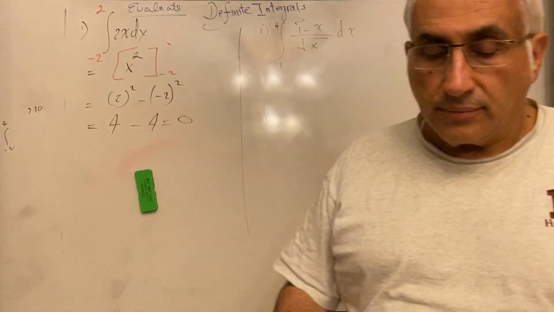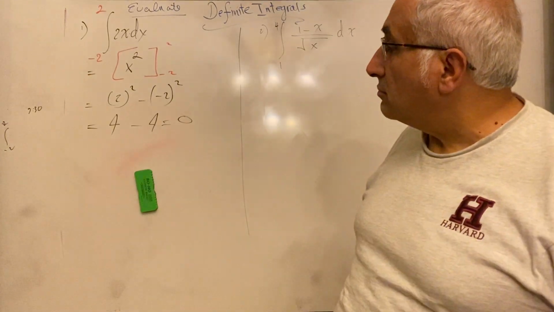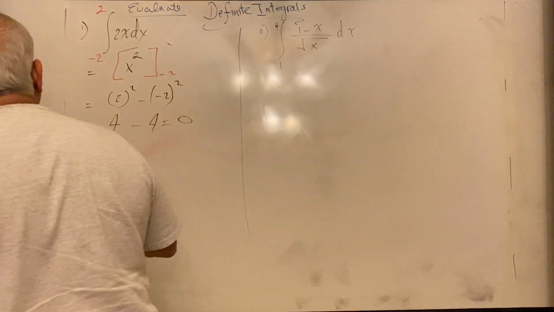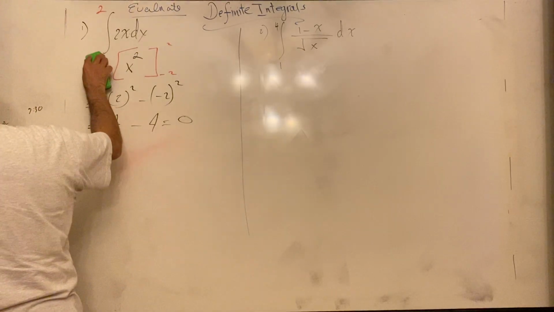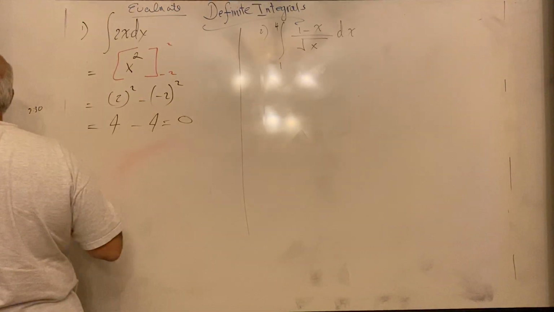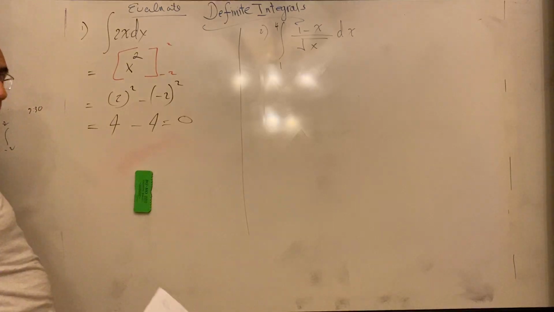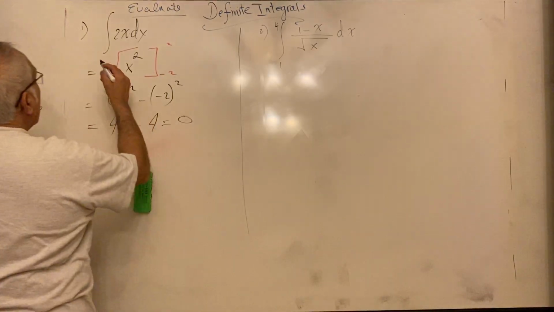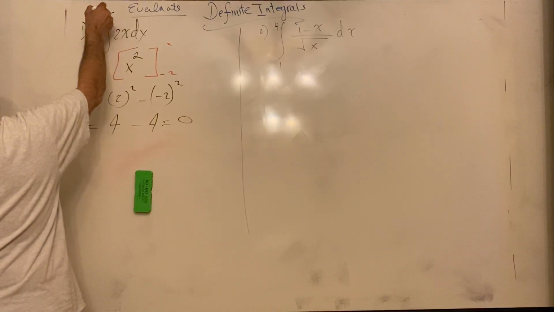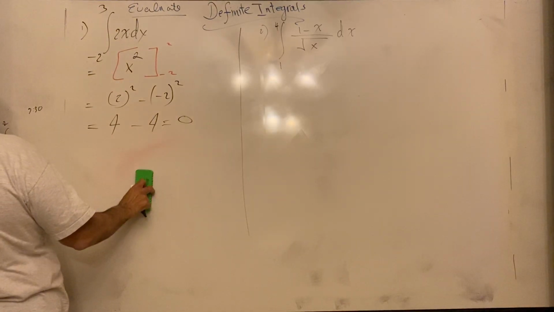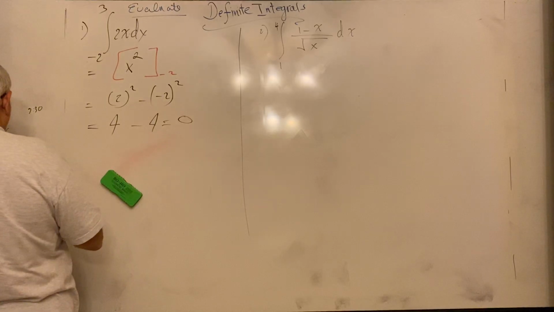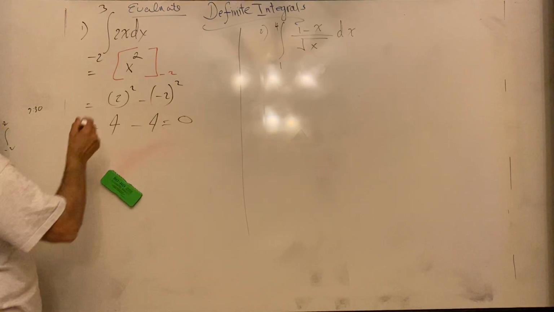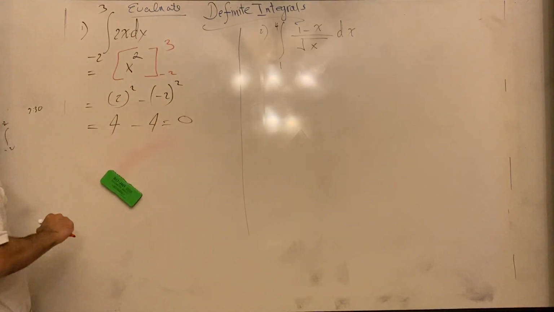All right? How about if I change the limits of this one, okay? And let's say if it goes from negative 2 to 3, just for a change. So if I put this from negative 2 to 3, I change the limits, then I have to change the limit here from negative 2 to 3. All right?